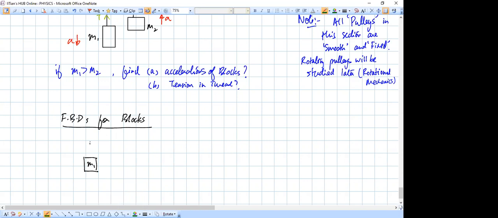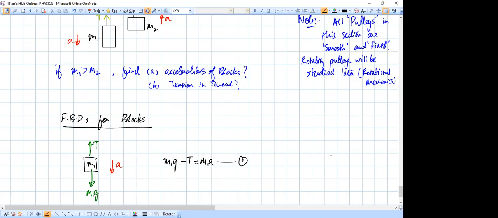There is tension acting vertically upwards, weight acting vertically downwards, and it's accelerating downwards. So because it's accelerating downwards, we will write the force equation as weight minus tension is equal to mass into acceleration, because the net force is downwards. So that's why M1G, the weight, is coming with positive sign and tension is coming with negative sign, because the acceleration is downwards.